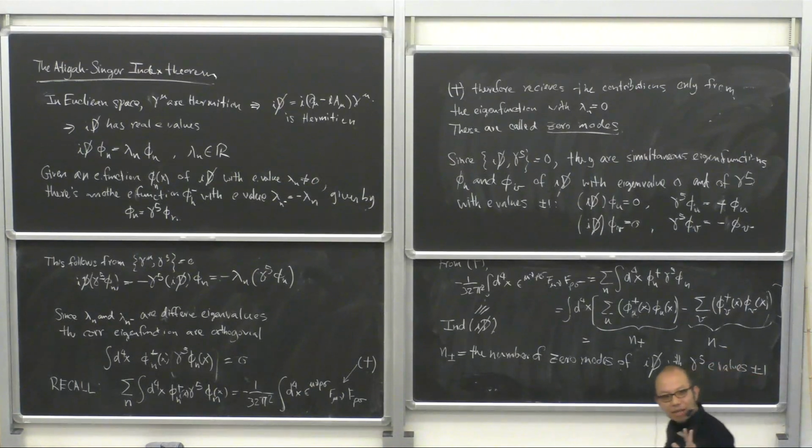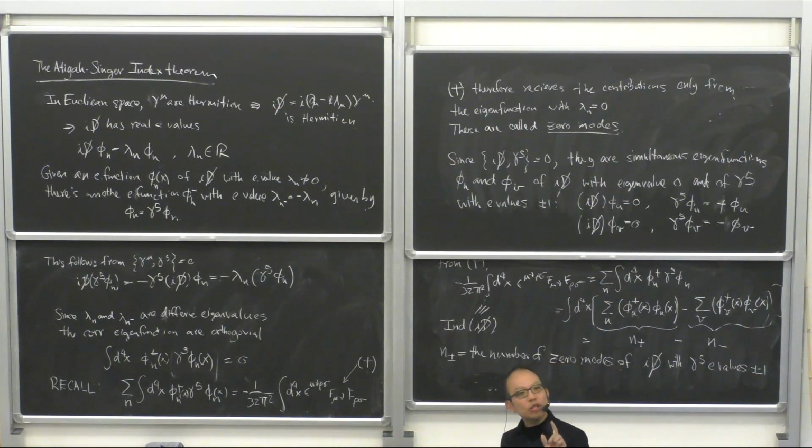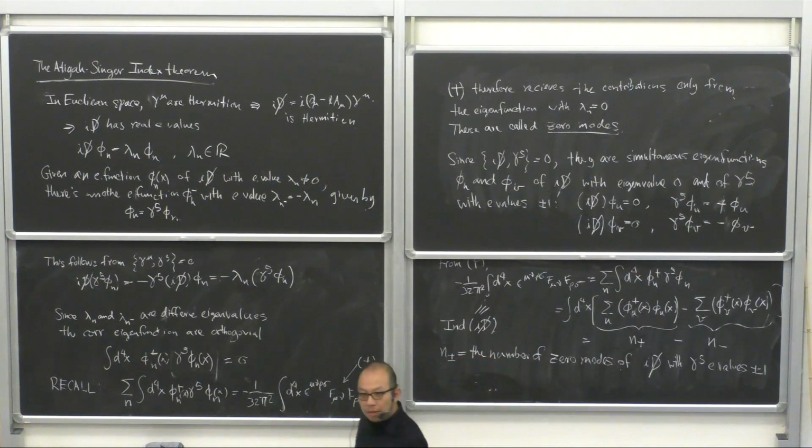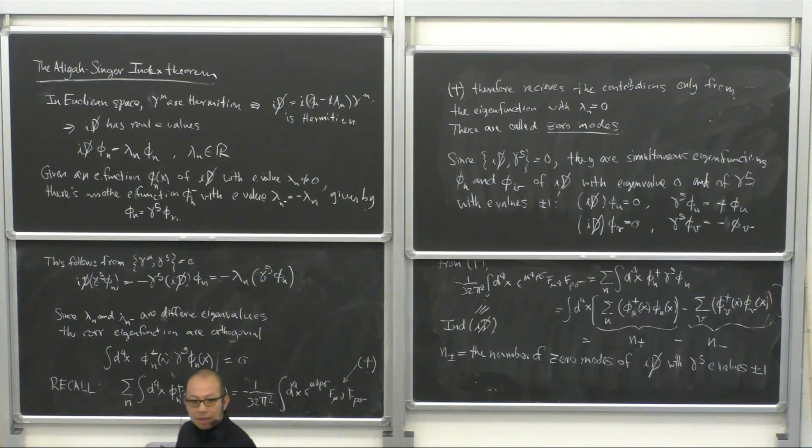Sorry, now I understand the confusion. Suppose you change the gauge field by an infinitesimal transformation, this quantity will not change. This is what we mean by topological. Is that clear? So an infinitesimal gauge transformation will not change this. It's not invariant to topological change, but it's invariant in a topological sense.